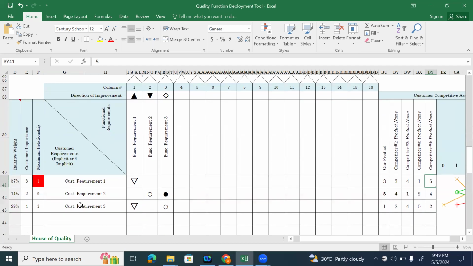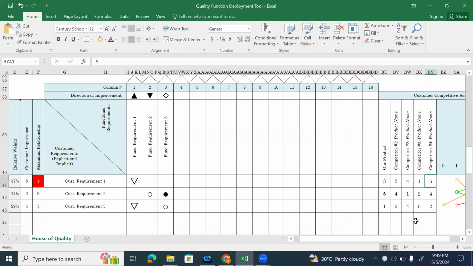And concerning customer requirement 2, you can see here we are having 5 points and our competitors are having 4, 1, 2, 4, which means that we can look for reducing the values.